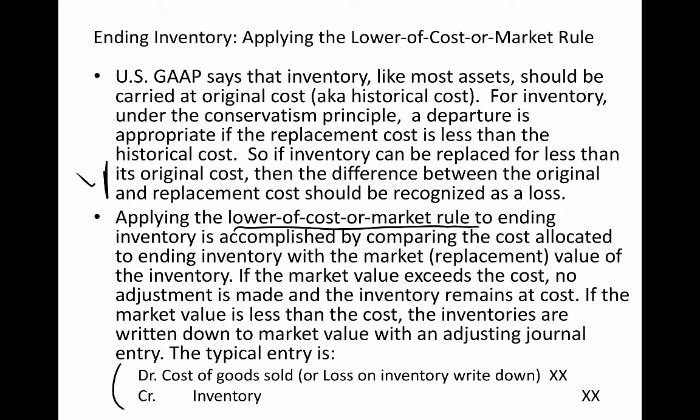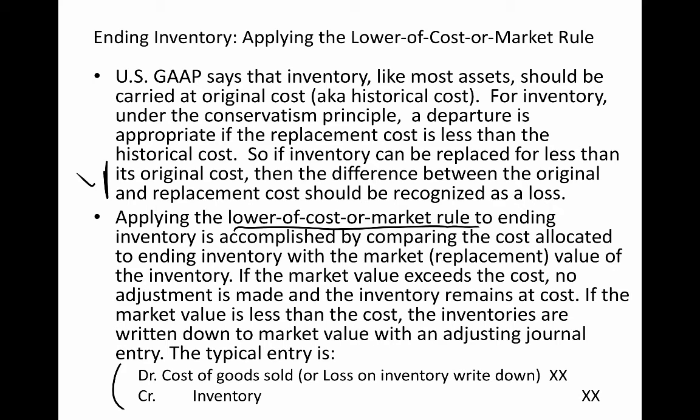Now, we talked about that regardless of whether I'm using periodic, perpetual, LIFO, FIFO, or average cost, if after figuring out what the cost is, you look at the item and you say, oh my goodness, look, the price tag is less, then you need to write down your inventory to the lower of its cost or market value.